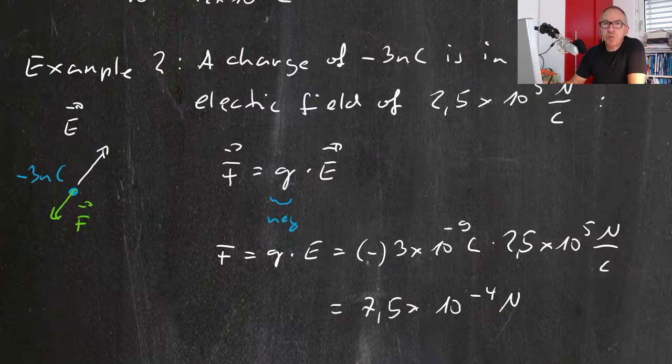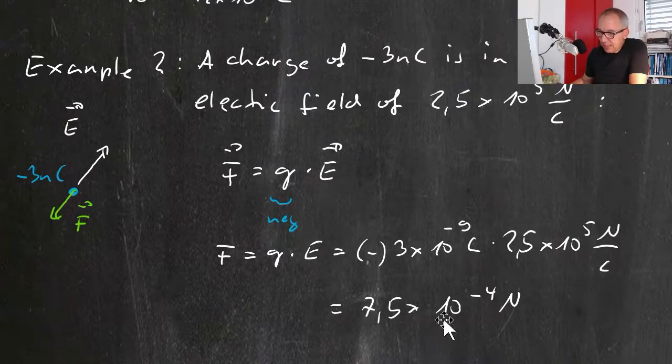I have not written the negative sign, the minus, since a force always has a direction. So the negative sign just states that force and electric field are opposed to each other. So you can put the minus if you want, but it's not necessary because we can see the direction out of the drawing.